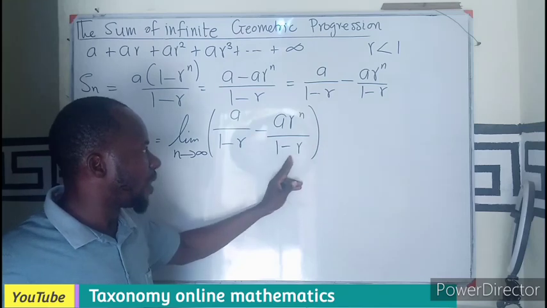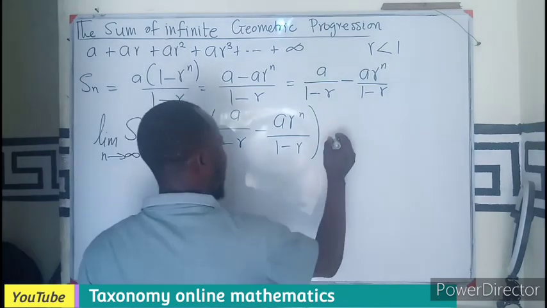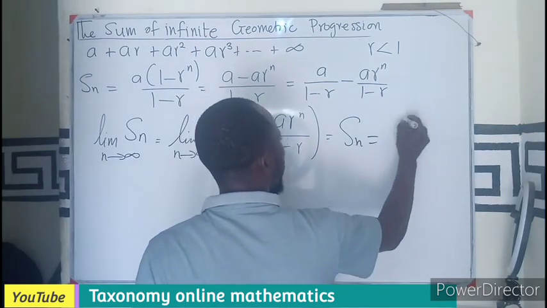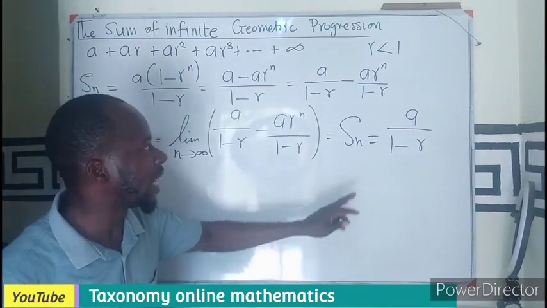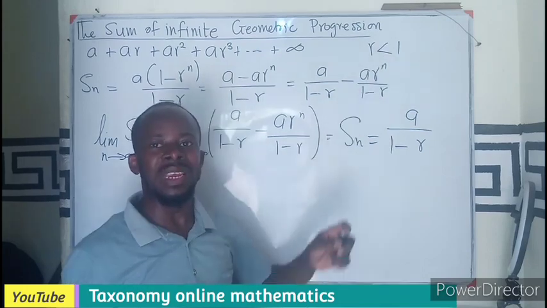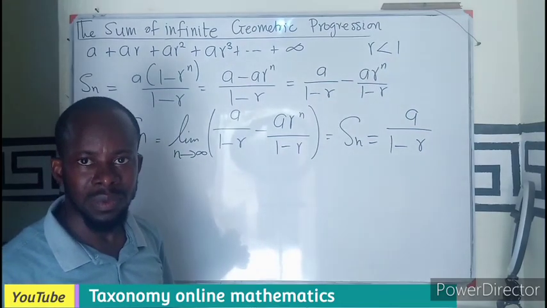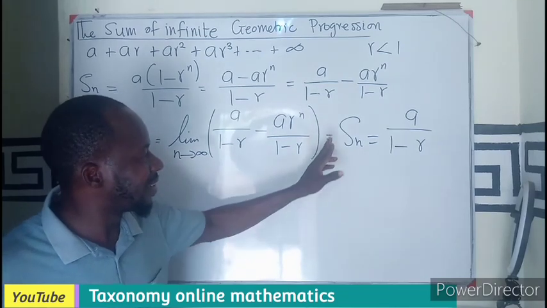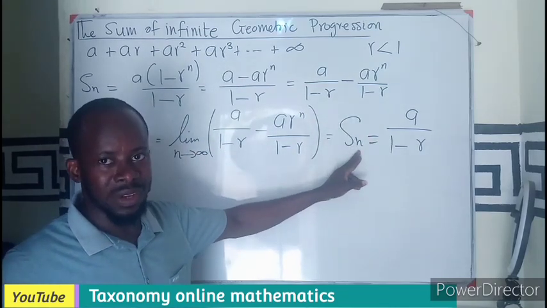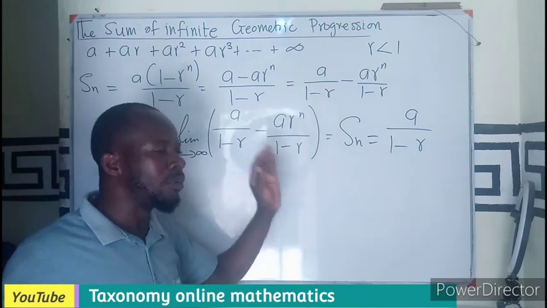So if the whole of this becomes 0, then Sn equals a over 1 minus r, in the case where r is less than 1.